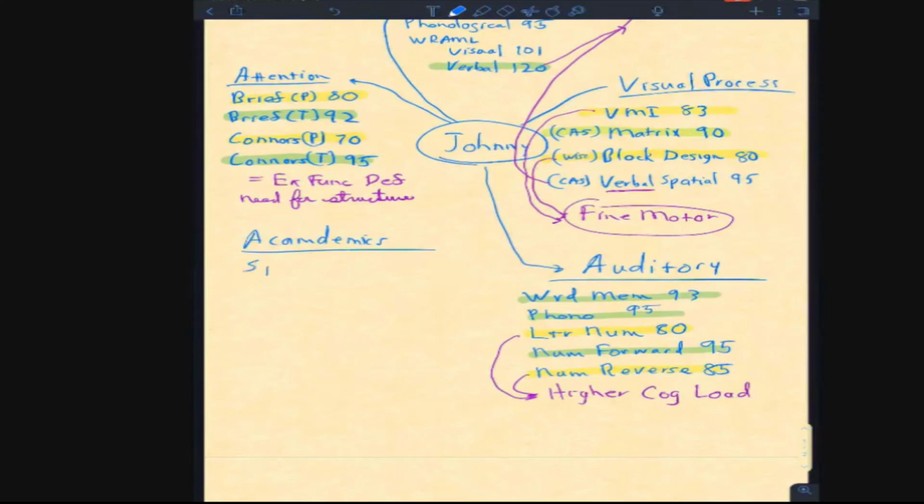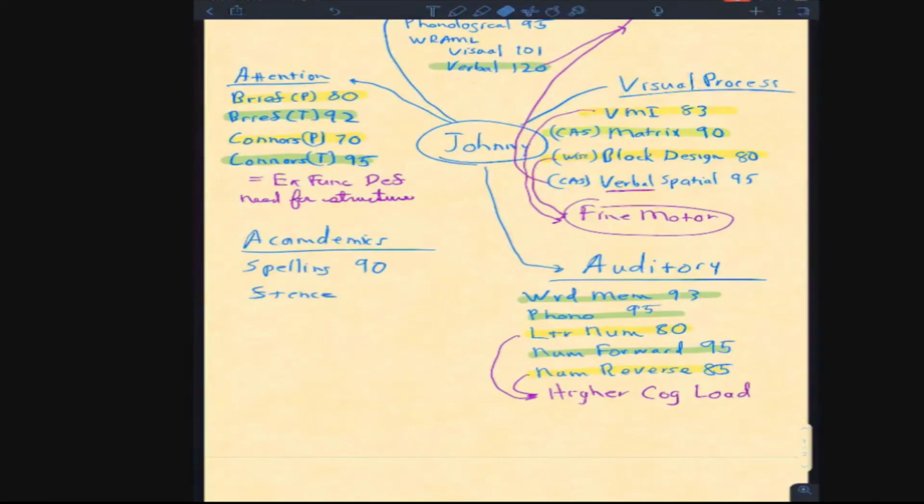Spelling, 90. Sentence fluency, spelling sentence would help. Dang, I still didn't get it.